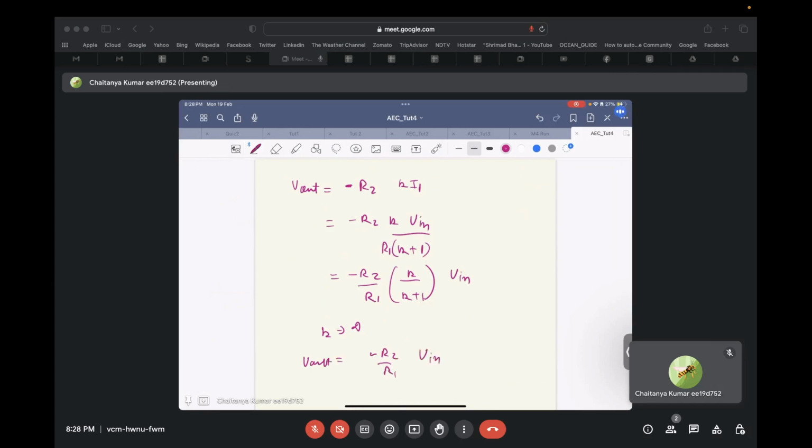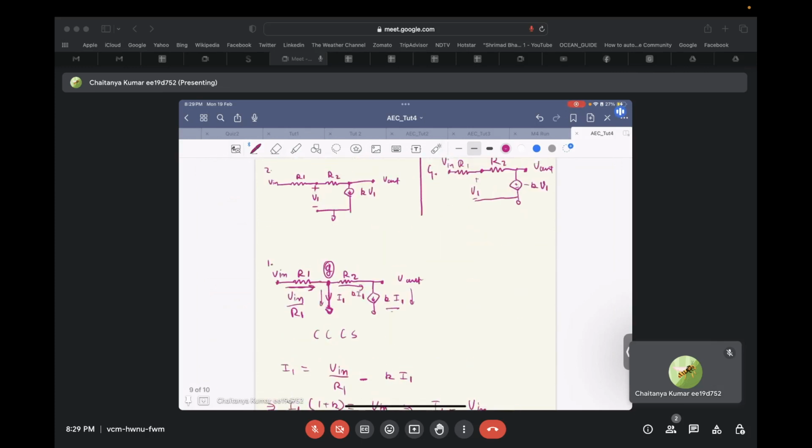Now let's try to see, using the original argument, that if the circuit is in negative feedback, the current across any controlled source, the controlling parameter goes to 0. Let's try to use this argument to find out the gain of this circuit directly.